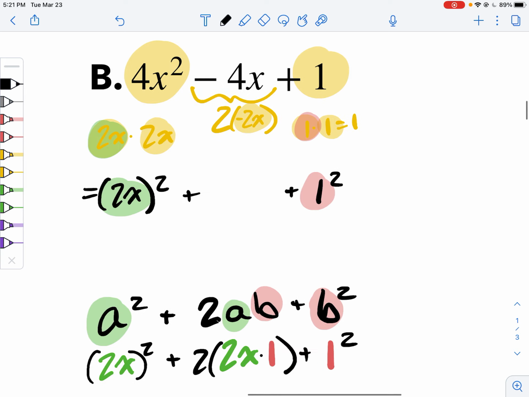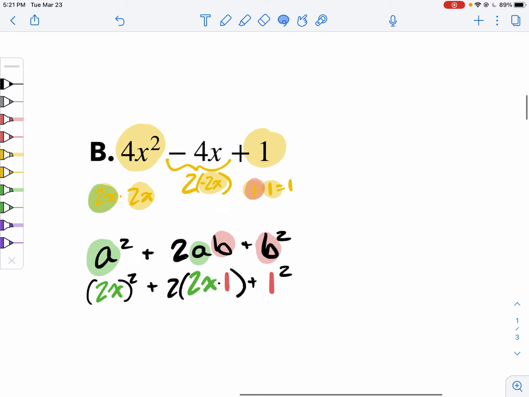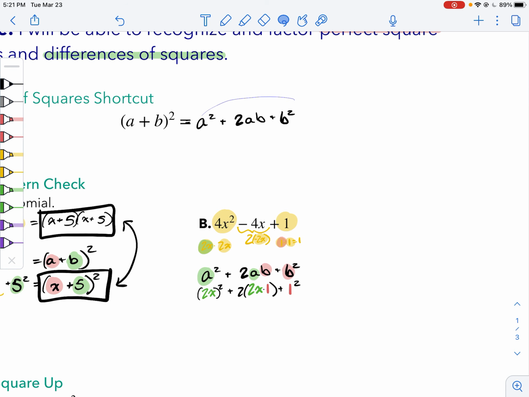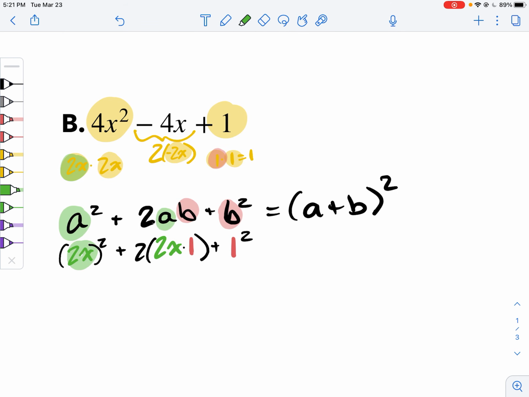Hey, that fits our pattern. Awesome. So because we know that that follows this pattern right here, that's equal to a plus b squared. Here we said our a is 2x and our b is 1. So this is equal to 2x plus 1 squared.